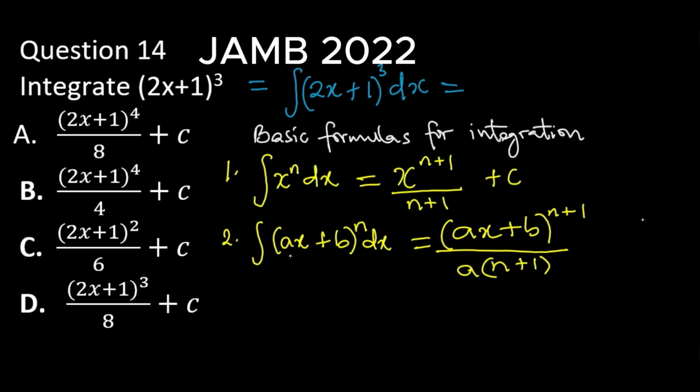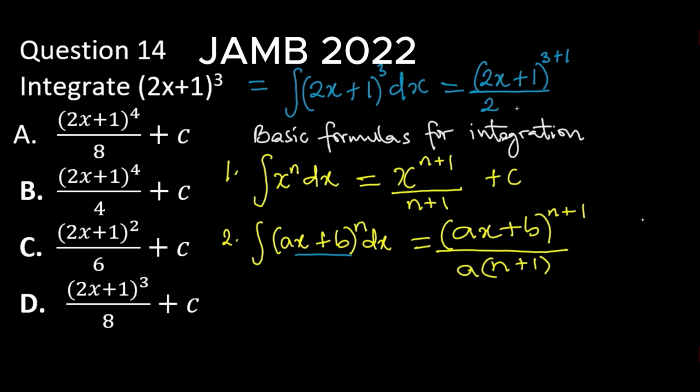Now if we look at rule 2 there, it is the one that is applicable to our question. ax plus b, same thing as 2x plus 1. So we write the 2x plus 1 to the power of n plus 1, and the power is 3 there, 3 plus 1. Everything divided by the coefficient of x there, which is a. A is 2 there.